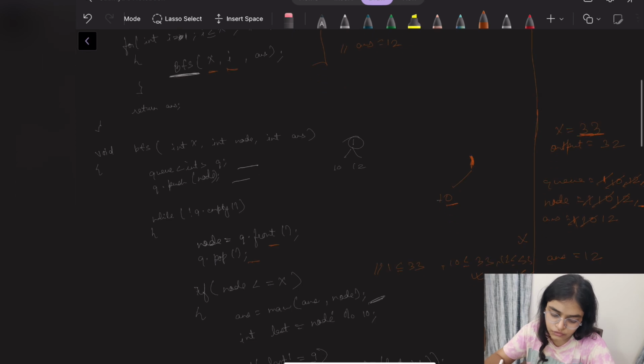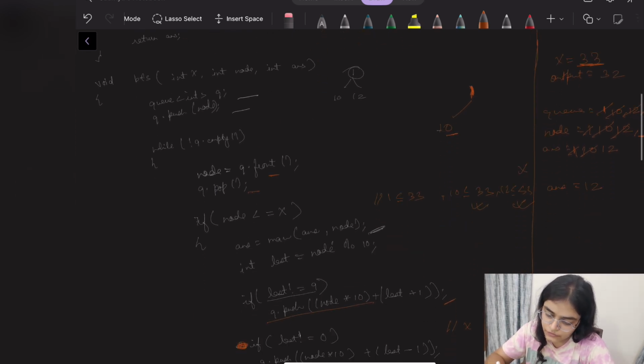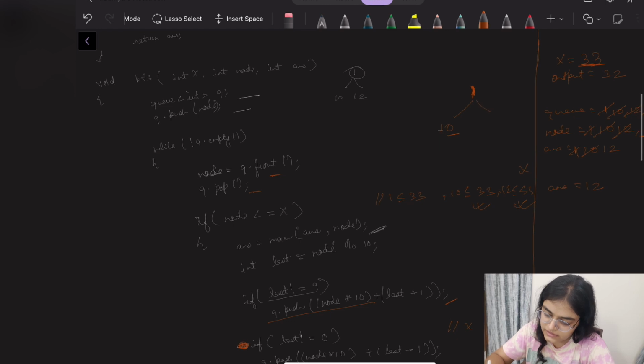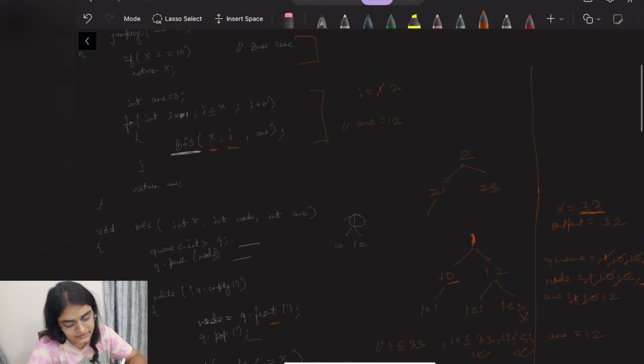For 2 we'll see the same thing will run again. For 2 it will be like this. And again here the maximum for 2 will be stored as 23.